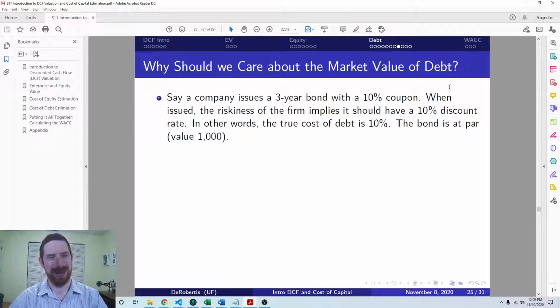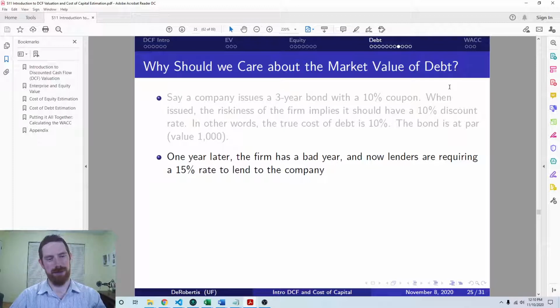And when we have a stream of cash flows like this, 10% per year, and then getting the interest plus the principal back at the end, then the discount rate must also be equal to the interest rate in order for the bond to be priced at par. So when it's issued, everything is in sync. The coupon rate is equal to the discount rate, and the price of the bond is equal to the face value of the bond.